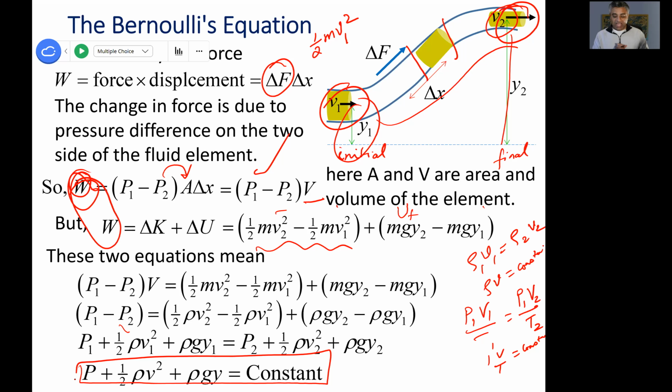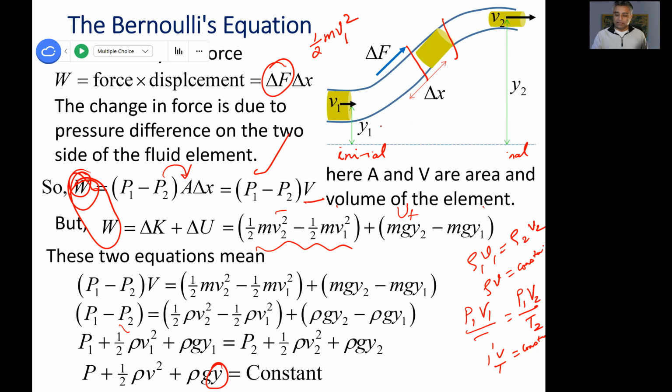Now, how do we use it? How do we use it to explain flow phenomena that we observe in our daily life? So that's what we want to do, okay? So here, the y is the height, change in height, right? If height is not changing, that means we don't need to worry about the y term.